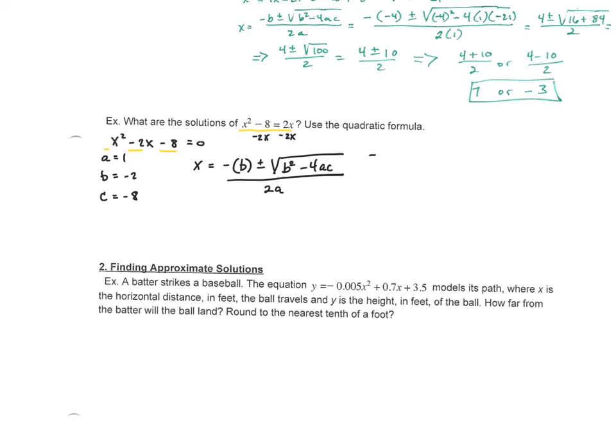When I do my substitution, x is equal to negative, and b is negative 2, plus or minus the square root of negative 2 squared, because that is b squared, minus 4, and then a is going to be 1.